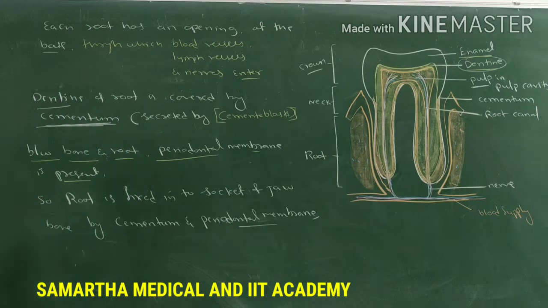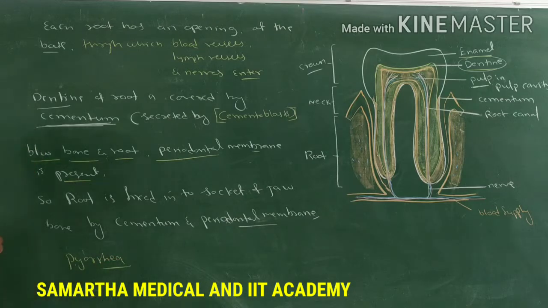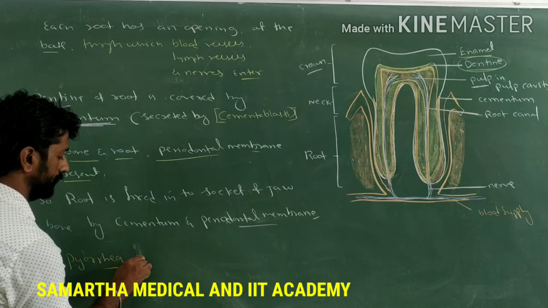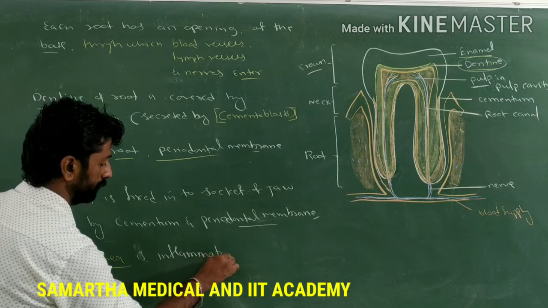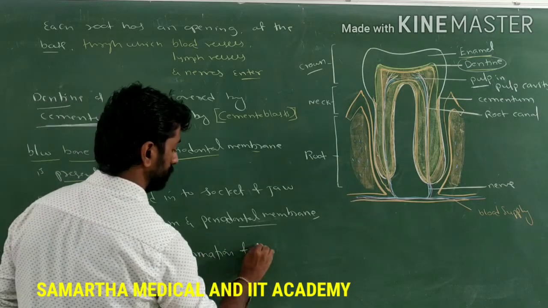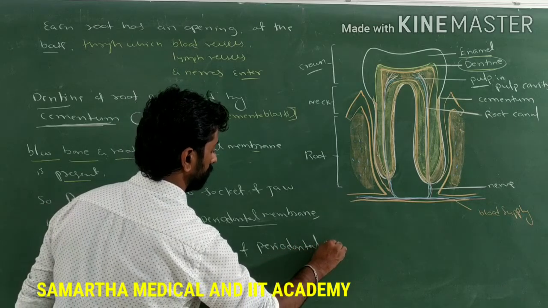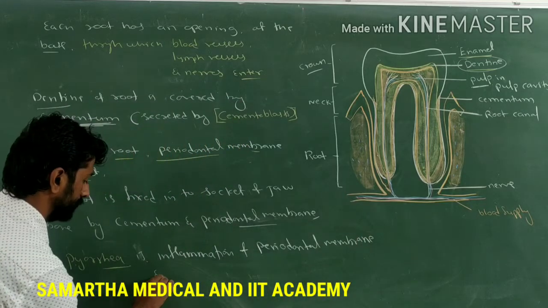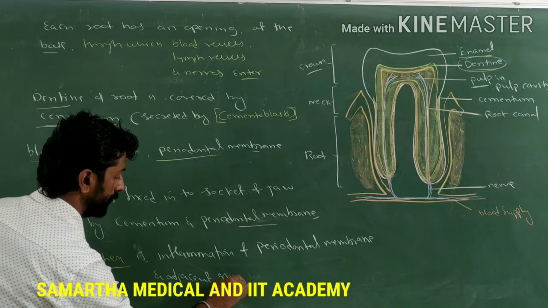Inflammation of this periodontal membrane is called pyorrhea. So what do you mean by pyorrhea? Pyorrhea is nothing but inflammation of the periodontal membrane and the adjacent gum also.